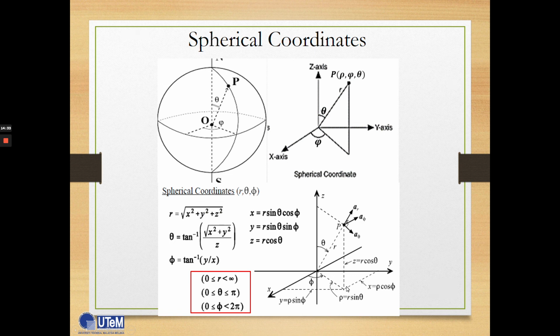Somewhere here rho will be there, so r square is equal to z square plus rho square, but rho square means x square plus y square. So that's how it happened. I will not go so deep into it. Rather, we will take it and use it to transform values between different coordinate systems.